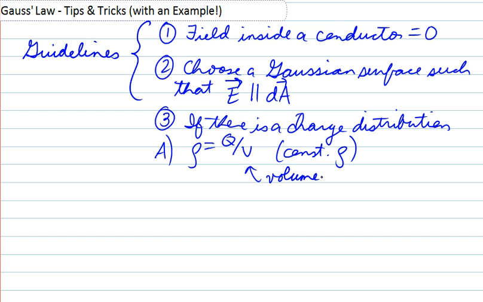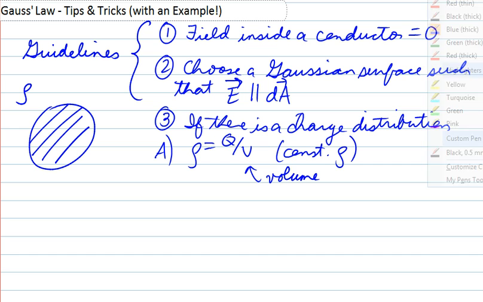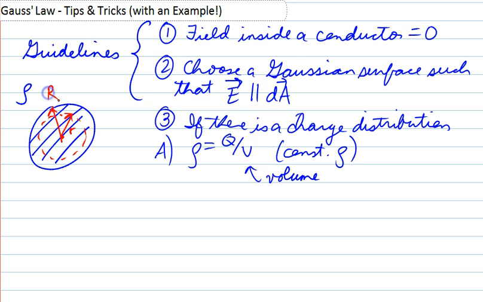Okay, so if there is a constant charge density, then you just use a proportion. So if I have an insulating sphere that has a charge density rho, and I want to know the electric field at some radius r, let's say the radius of the entire thing is big R. So if I want the field such that r is less than big R, I'm going to need to find the charge that's enclosed within that dotted line.